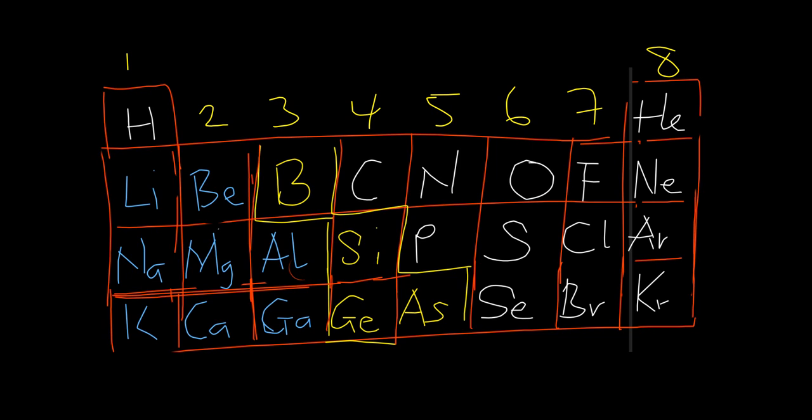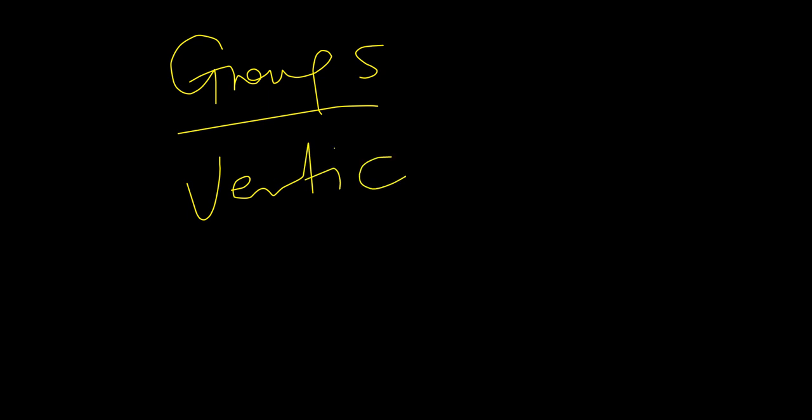Group 8, we have helium, neon, argon, krypton. So all of these are groups. So groups simply refers to the physical arrangement of elements on the periodic table.